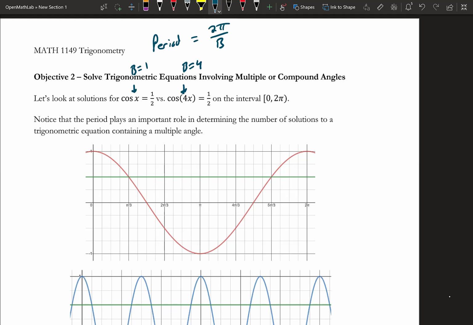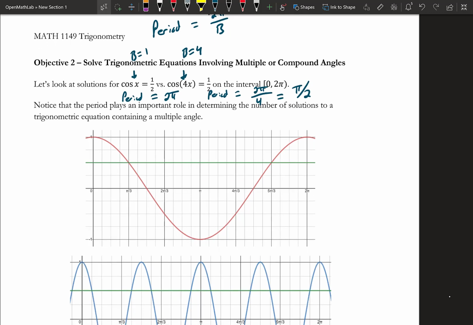So the period for cosine of x equals a half would just be 2 pi, because you'd have 2 pi divided by 1. The cosine of 4x, though, the period is going to be 2 pi divided by 4, which is pi over 2. So we end up getting a different period for those.